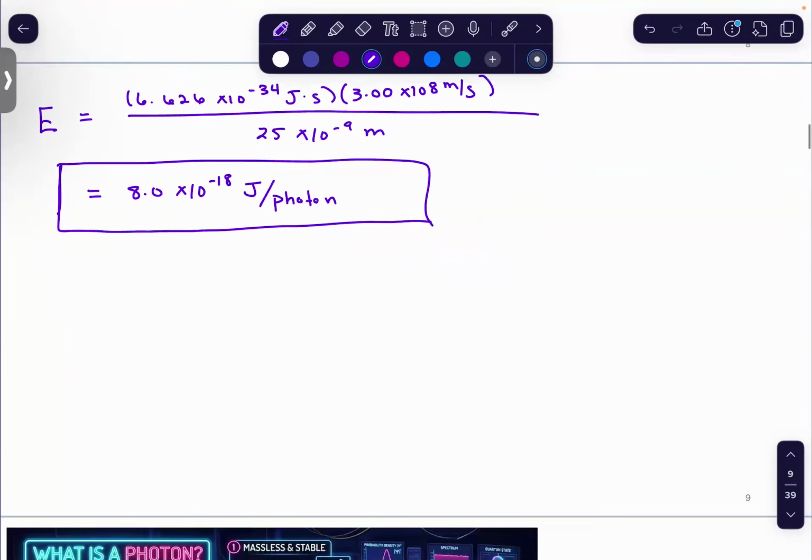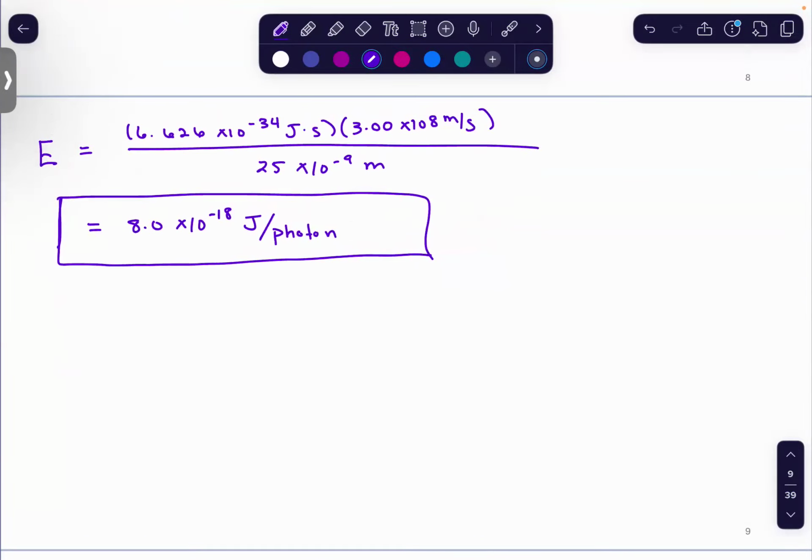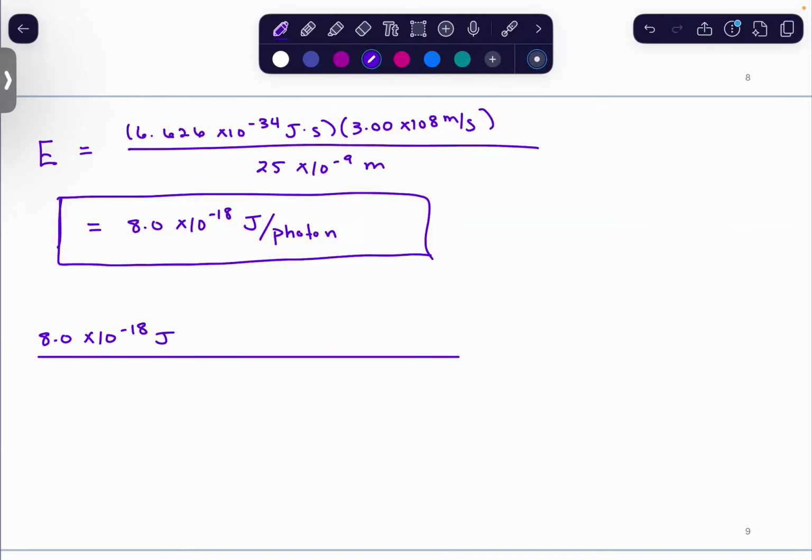Because this also wanted how much energy is in a mole of photons. Well, we remember from Avogadro's number that it's 6.022 times 10 to the 23rd something per mole, so in this case, photons per mole.